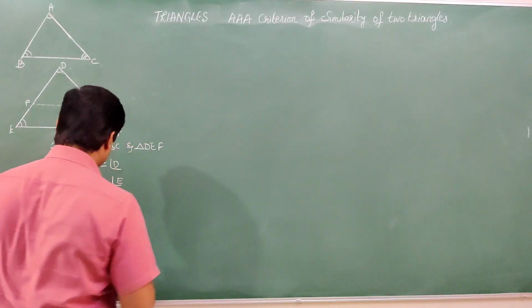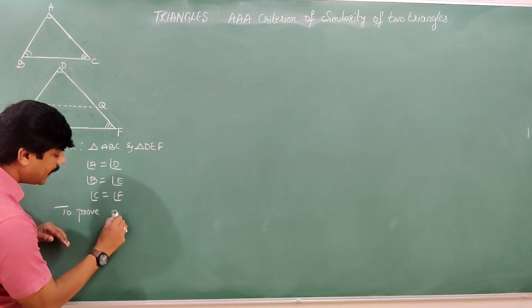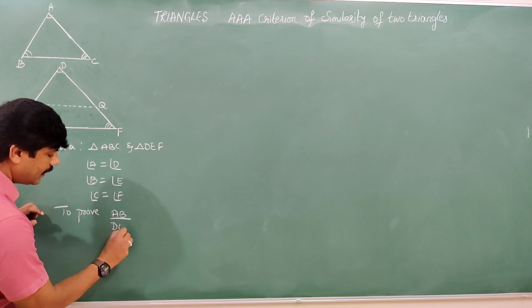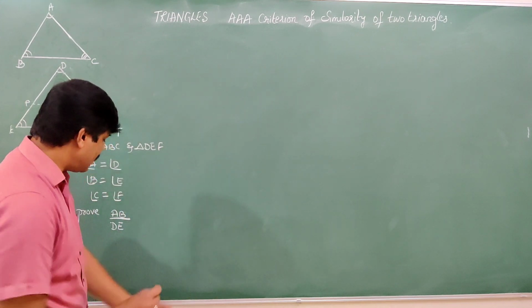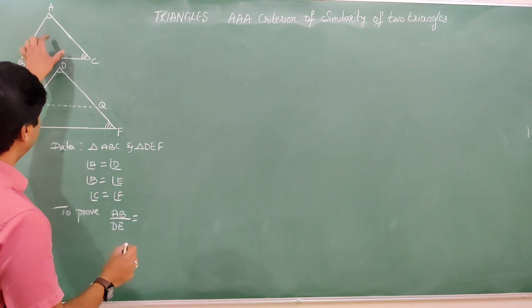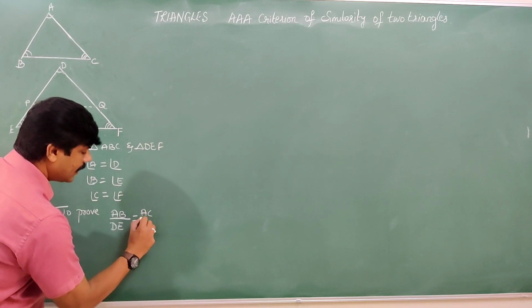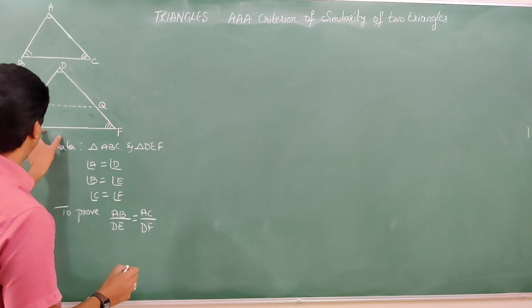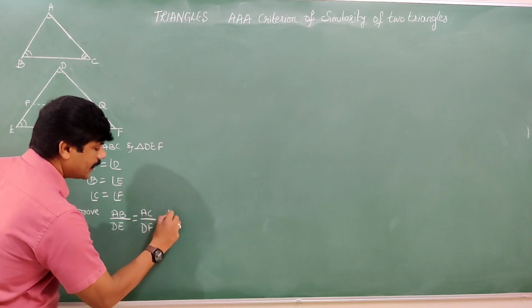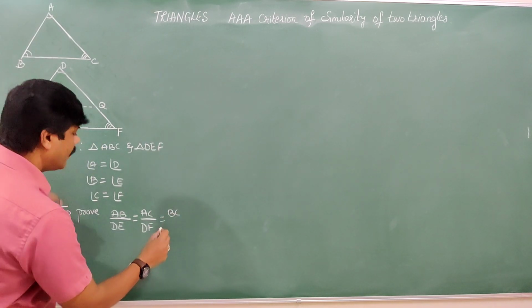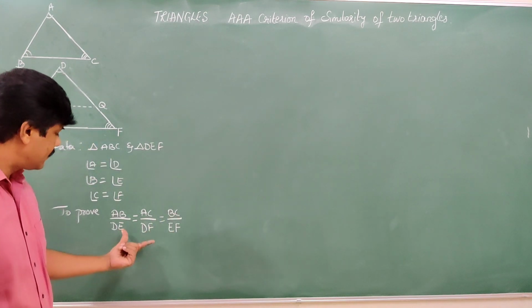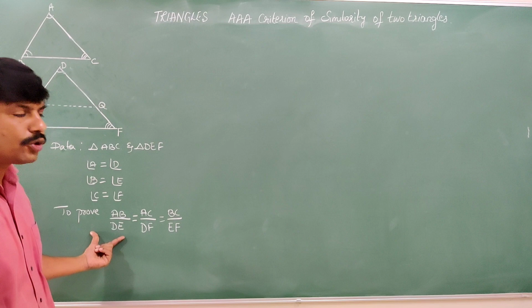And the ratio of corresponding sides is AB by DE, which is equal to AC by DF, and that is equal to BC by EF. This is what we have to prove.